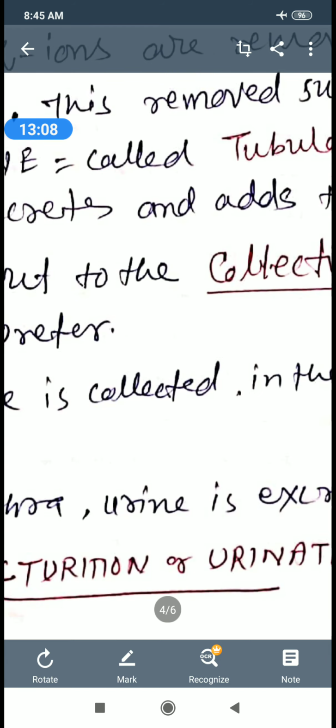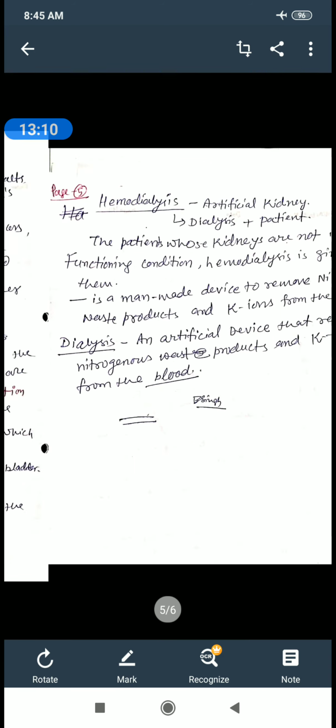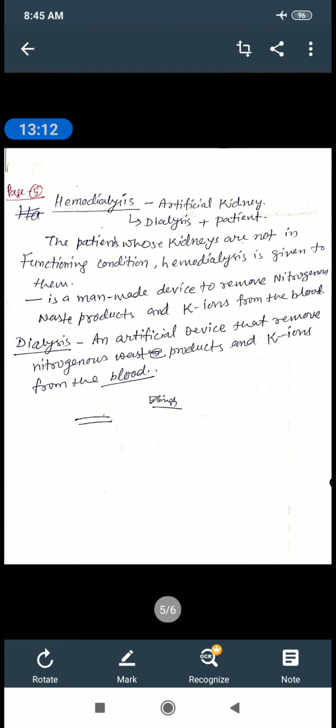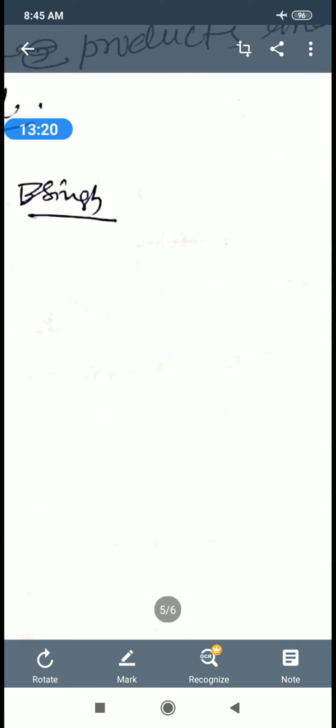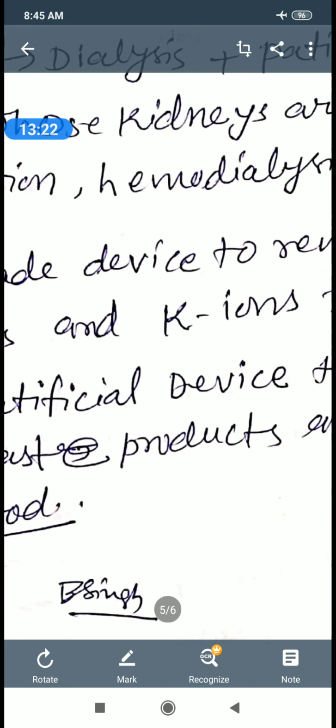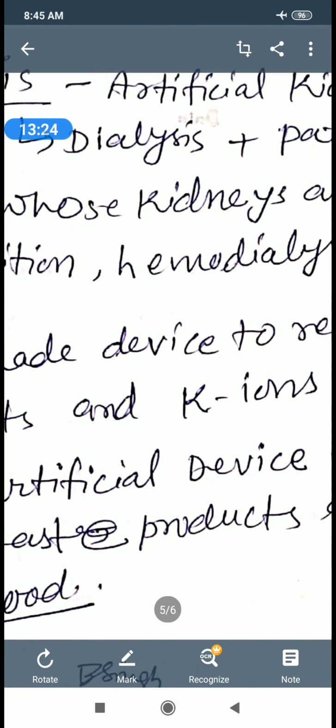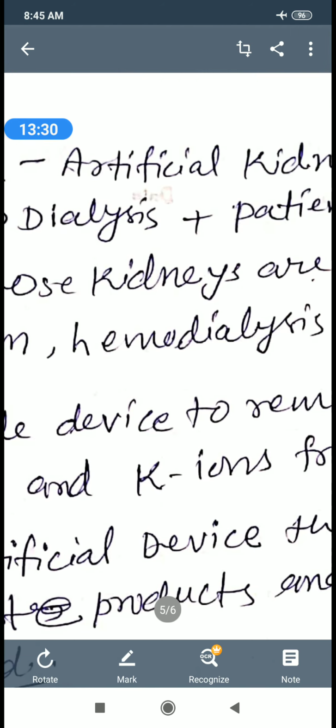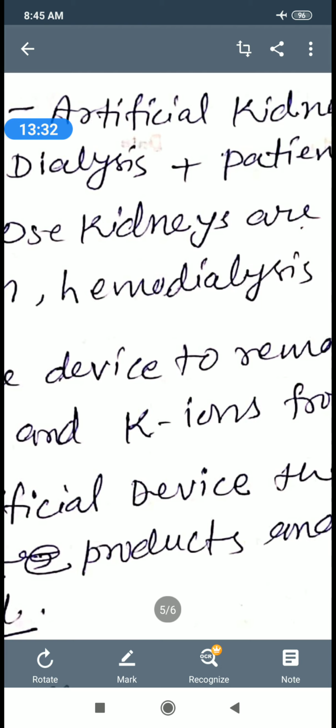Now the next term is hemodialysis. Hemodialysis is an artificial kidney. Hemodialysis, dialysis plus patient: for the patient whose kidneys are not in functioning condition, hemodialysis is given.